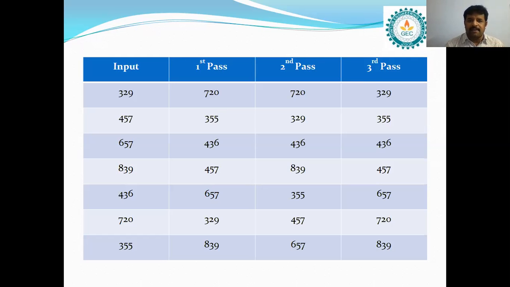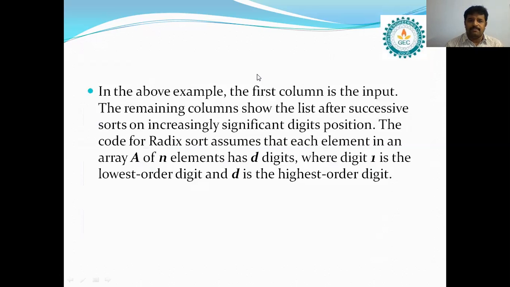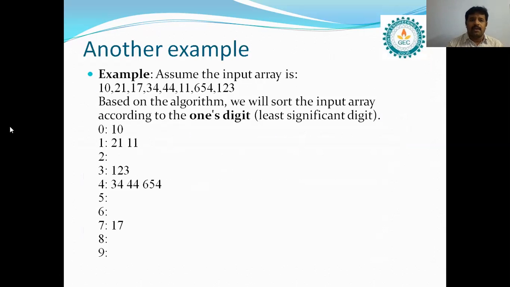And consider another example. In the above example, the first column is the input, the remaining columns show the list after successive sort of increasing significant digits. Okay. Consider another example.